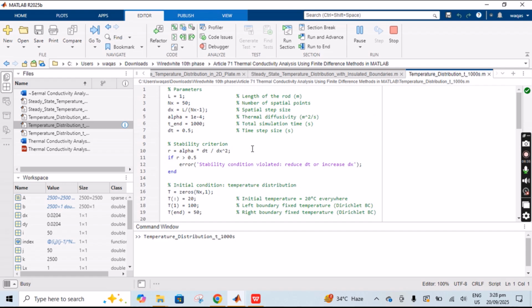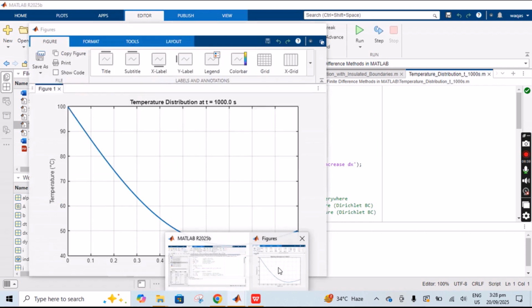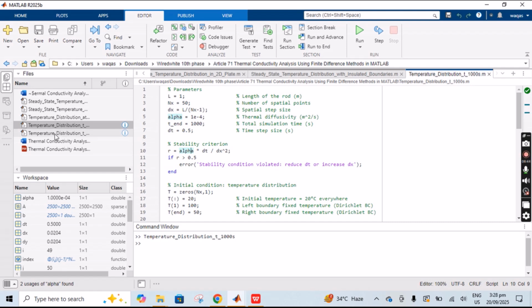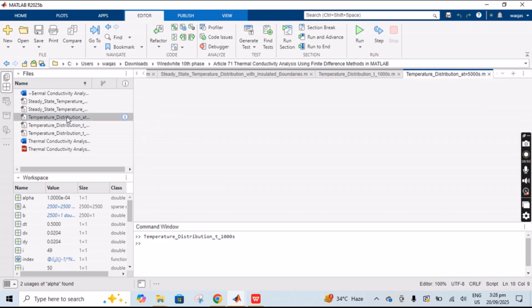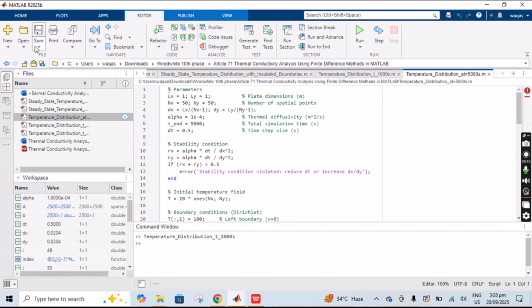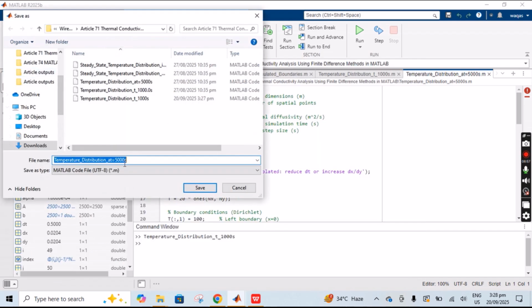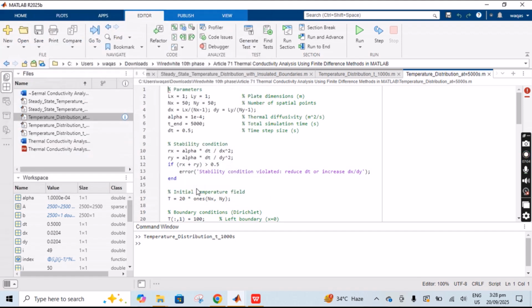Yes, temperature distribution with the distribution analysis. Yes, this one. 1000 seconds, and the next one is the temperature distribution with 5000. Let me also change its name. I think the problem is in the name. Yes, this one. Now it will work.